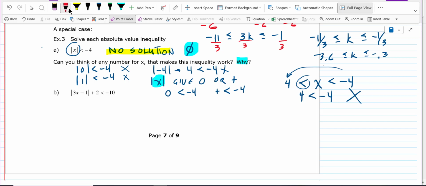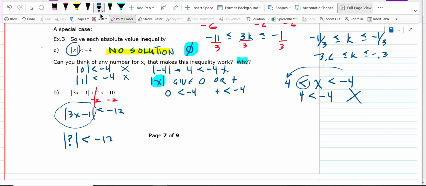Okay, the next problem, well, the first thing you have to do is you got to isolate. So you'd subtract 2, and you would end up getting absolute value of 3x minus 1 is less than -12. Same idea. There is no way in the world that an absolute value of anything can ever be less than any negative number. So this one, again, is no solution.